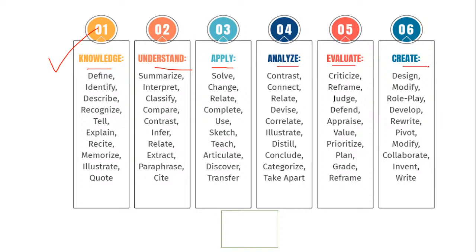You can identify the level with the help of command verbs. Even this can be a part of your match the following. For knowledge, it is defining, identifying, describing, recognizing, explaining, telling, reciting, that is recalling, memorizing, illustrating, or quoting. These are all command verbs used to understand the level of knowledge.